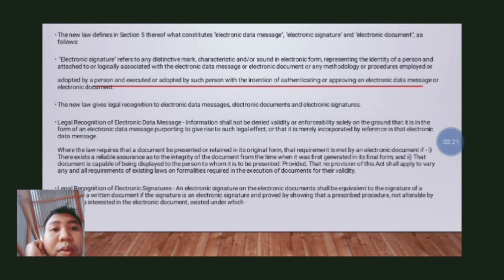The new law gives legal recognition to the electronic data message, electronic document, and electronic signature.